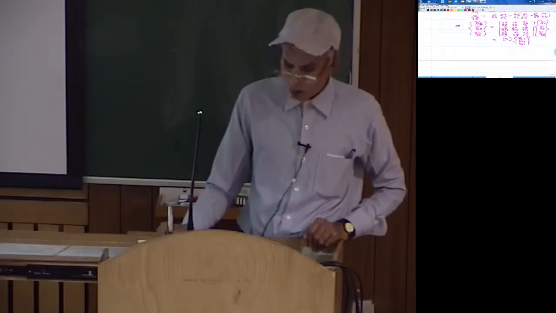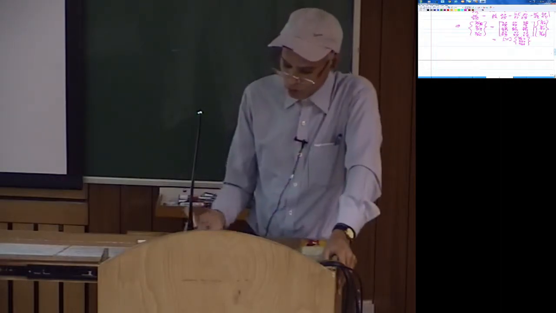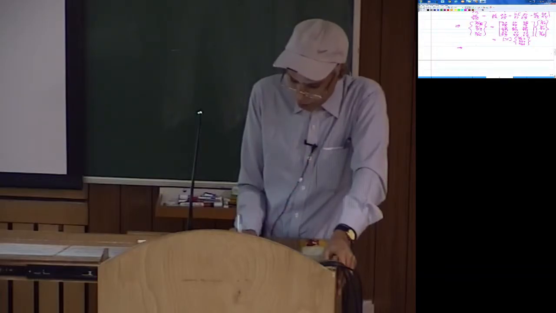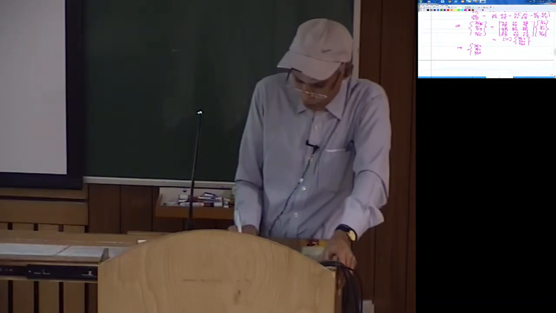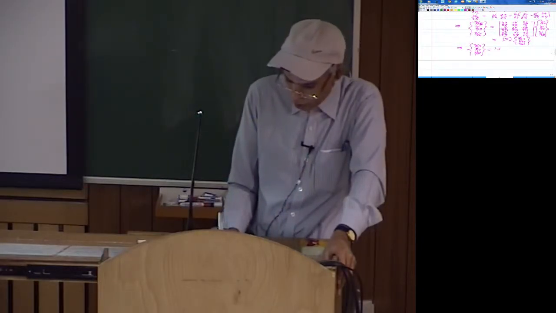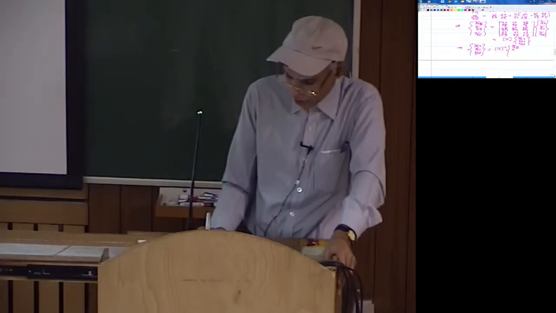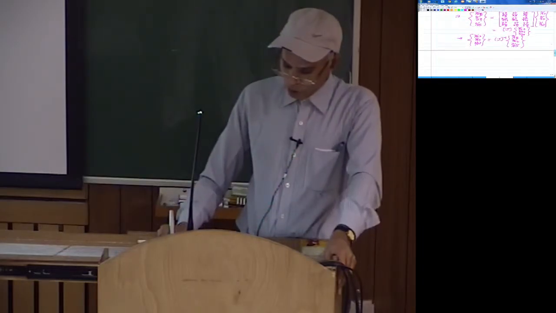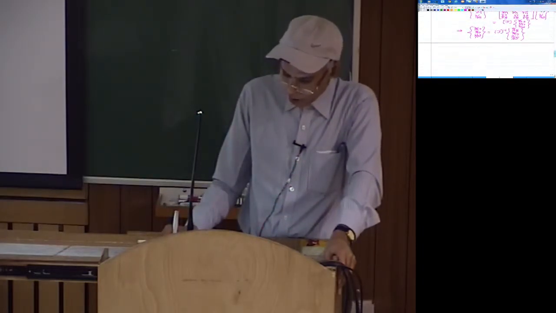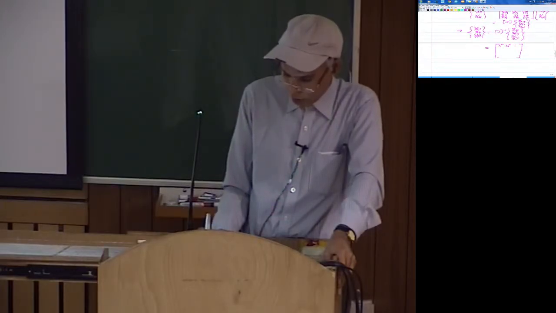Because we have expressed our interpolation functions in terms of natural coordinates, what we want is the inverse of this. So I can say that the derivative operators del by del x, del by del y and del by del z would be equal to J inverse into the derivatives with respect to xi, eta and zeta. And as usual, when you invert this J, you will get again a 3 by 3 matrix, which I call J11 star, J12 star, J13 star.